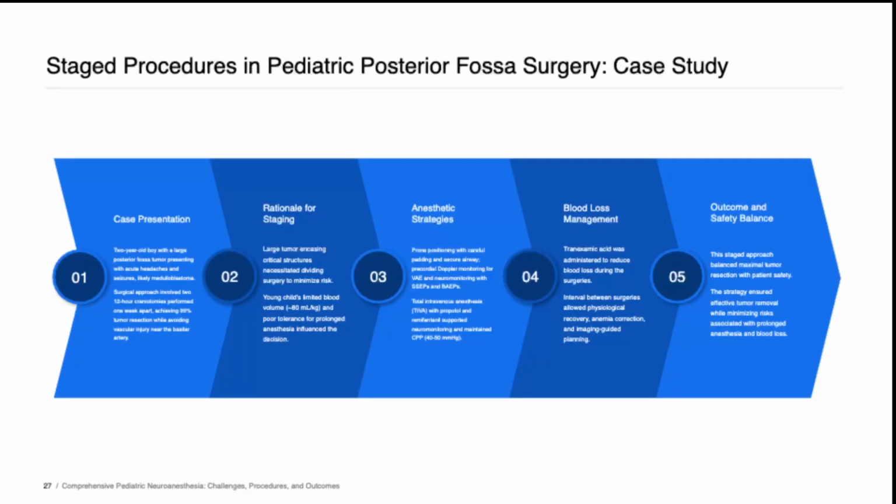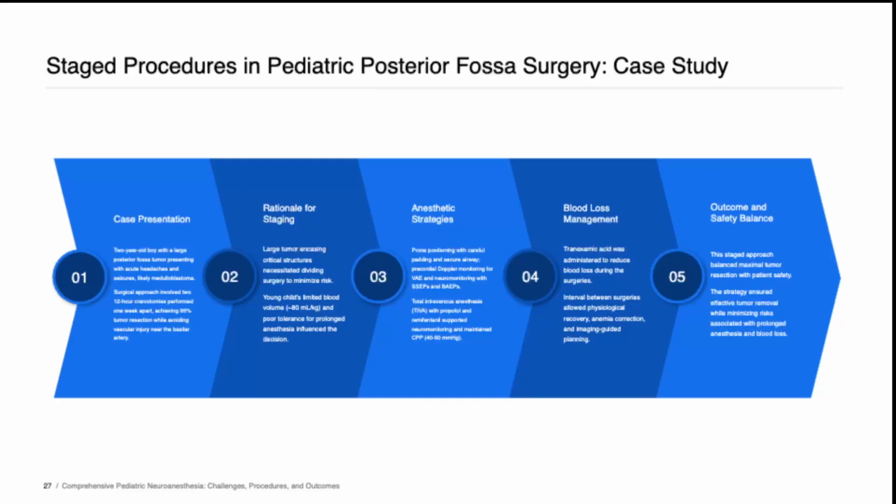So we do have to talk about staged procedures, as I spoke to you in the anecdotal story of just a brilliant case that I could be involved in for months and months, but a tough one for everybody, especially the family and obviously the brave child.